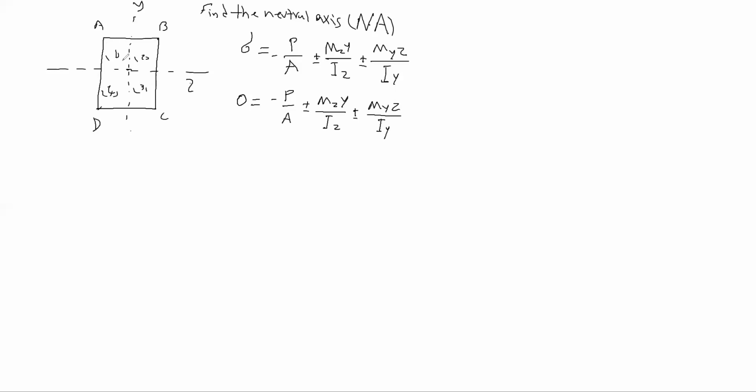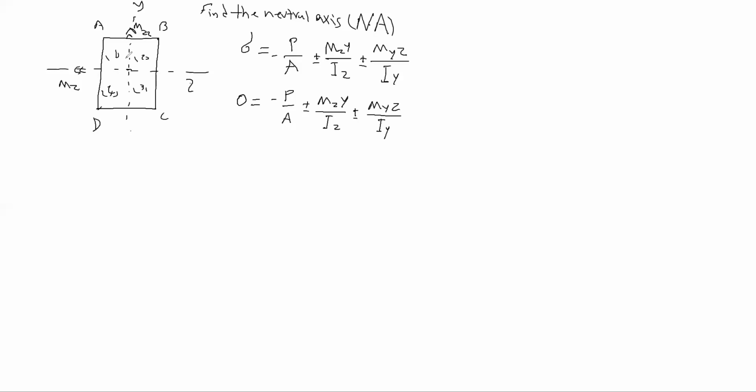Here is MZ and here is MY, right? So what's the difference between 1, 2, 3, 4?